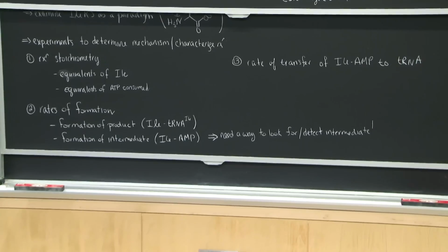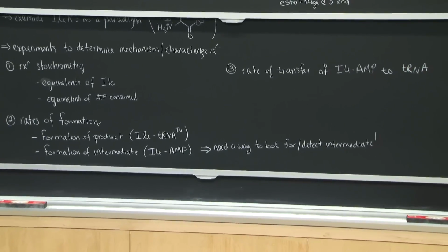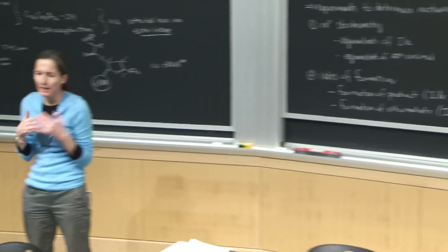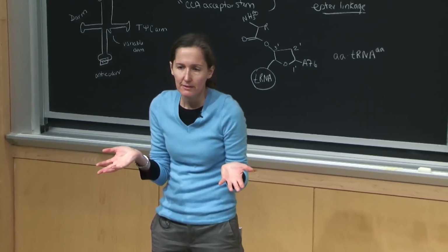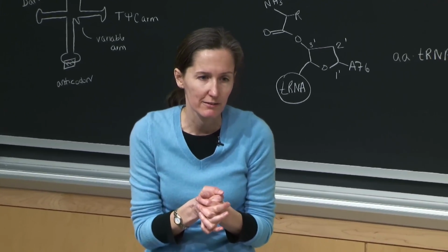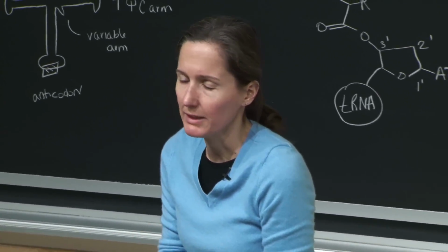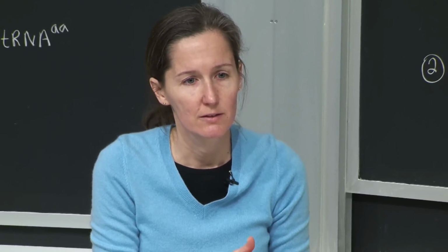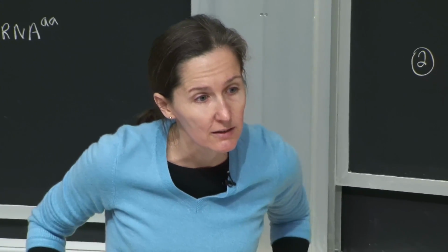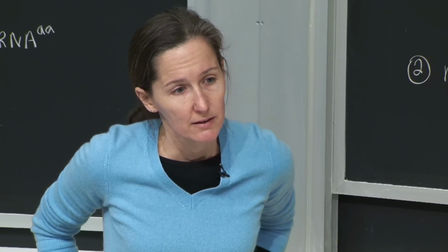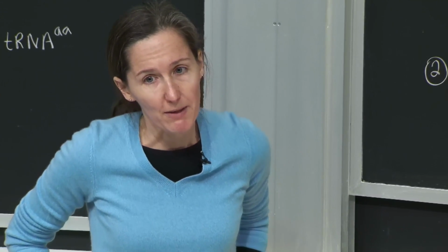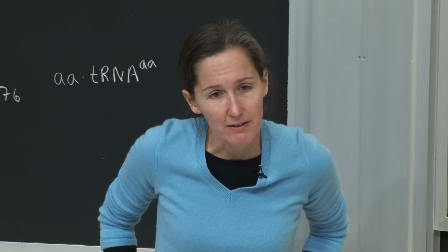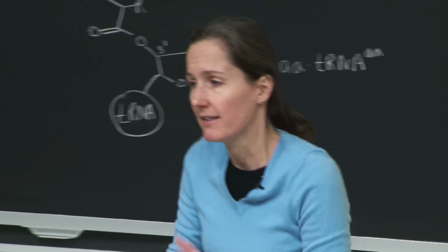So imagine, let's just have a hypothetical situation. If we find the intermediate, that tells us something about the reaction. If we don't find the intermediate, what can we conclude? Pardon? The one-step reaction. No intermediate. So that's one possibility. Are there other possibilities if our method doesn't let us detect the intermediate?